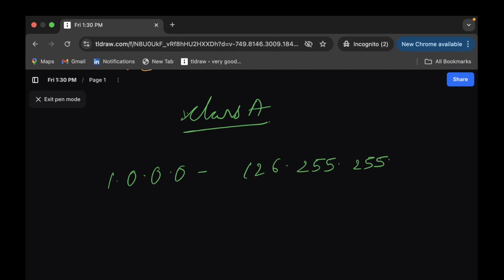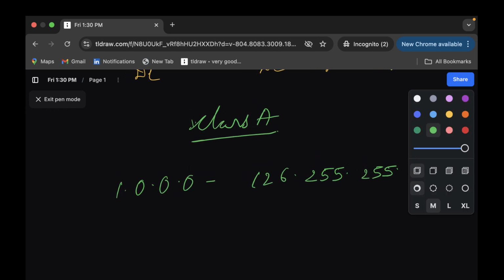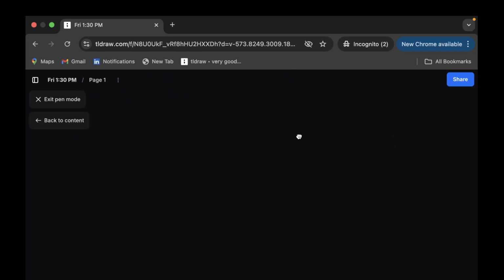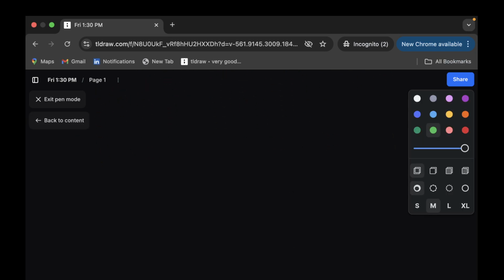Now here there is something called network bits, and then we have something called host bits as well, right? Let's try to understand what that means. The network bits are going to identify the network, right? Our IP address is designed to function in such a way that we need to identify the network and then the specific device in it.